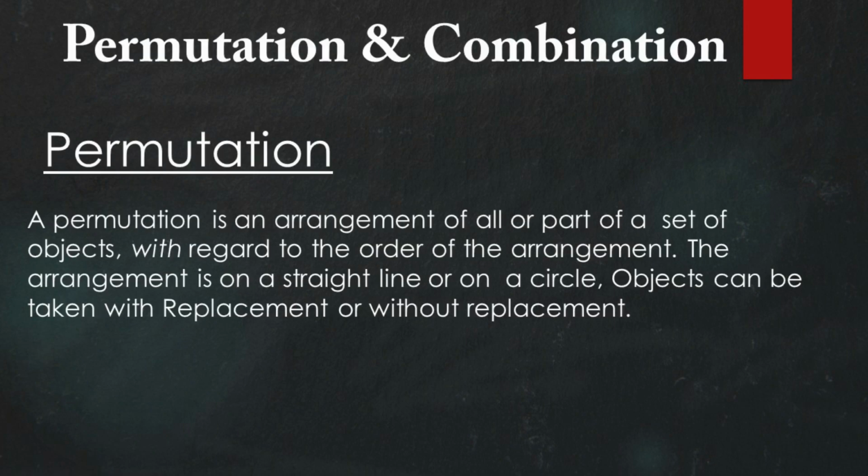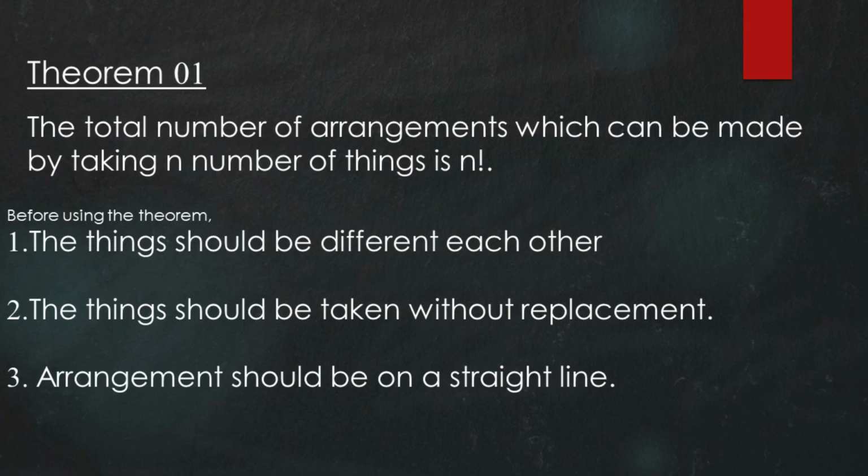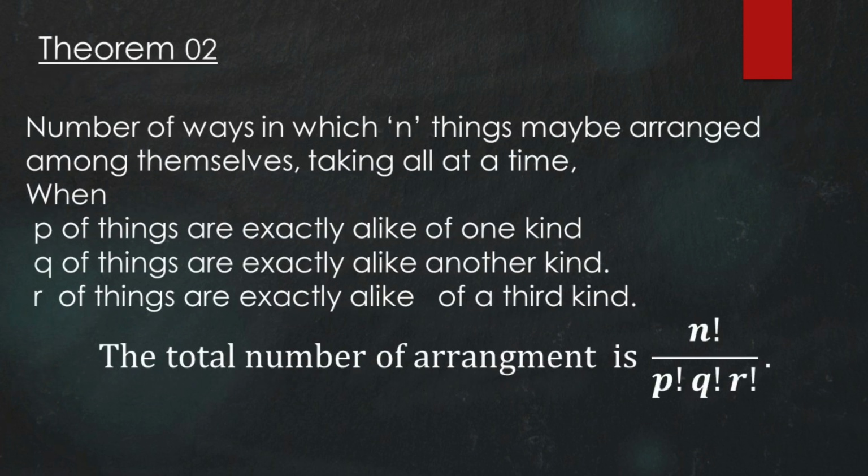Okay, so this is the end of the tutorial, right? Today we discussed what a permutation is, and we discussed only 2 theorems, right? This is about the permutation, the arrangement, theorem number 1 and theorem number 2.